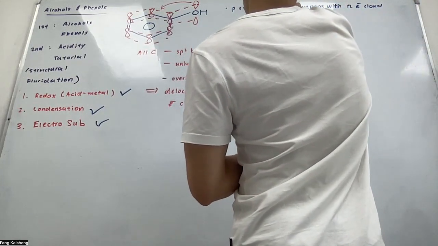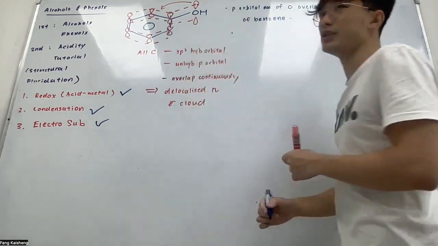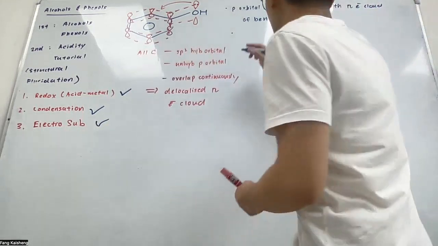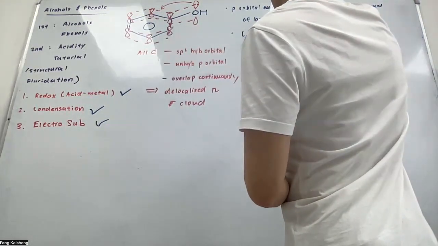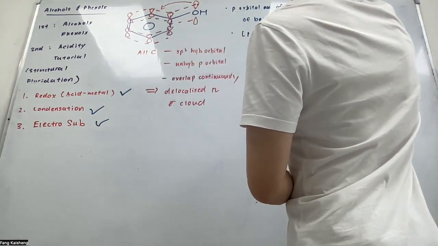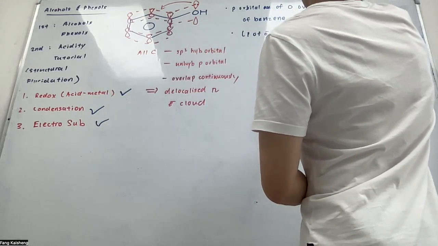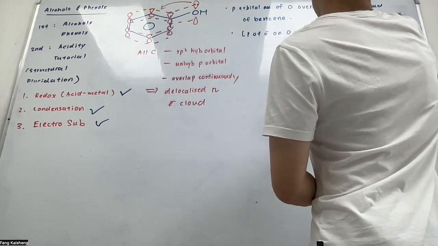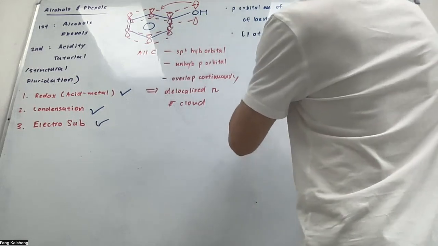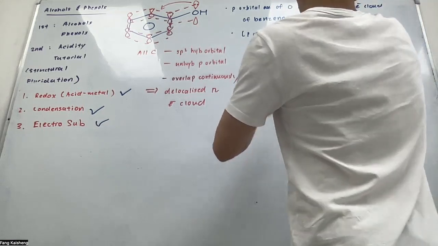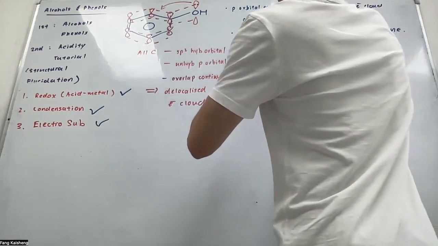Don't just go straight to delocalize. I know too many people just say, oh, delocalize, but how? So the lone pair of electrons on oxygen can delocalize into benzene. Again, highlight keywords. Your idea revolves around these keywords. Overlap, delocalize. What's next?